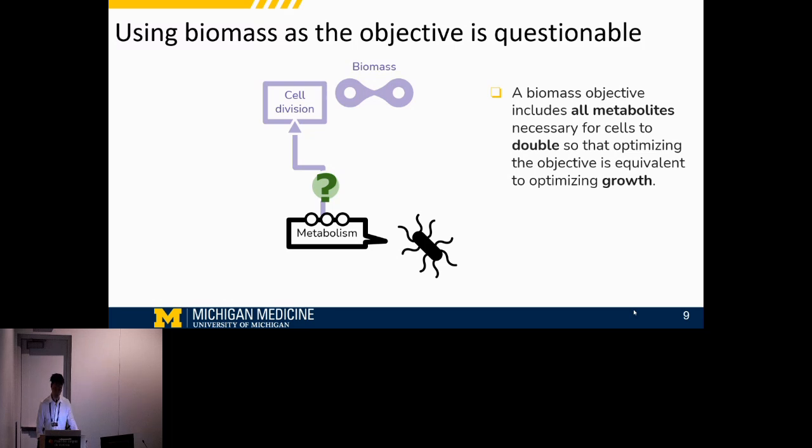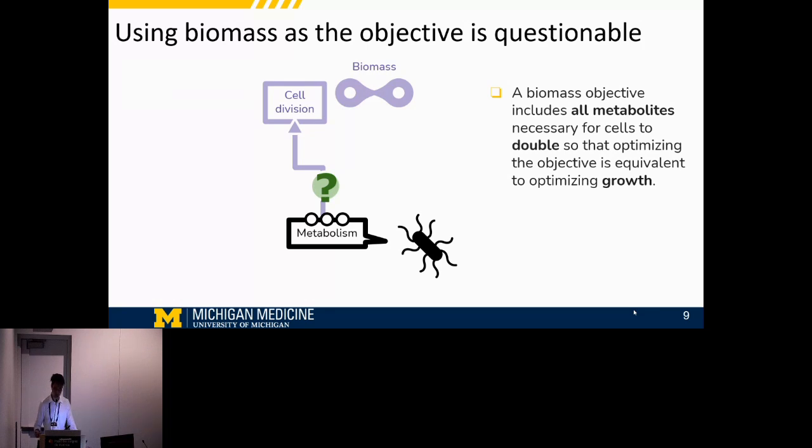And the biomass objective is the most commonly used objective for us to model the reaction fluxes, because biomass would be the surrogate of cell growth. The biomass objective includes all the metabolites necessary for a cell to double. In other words, optimizing the biomass objective is equivalent to optimizing cell growth.